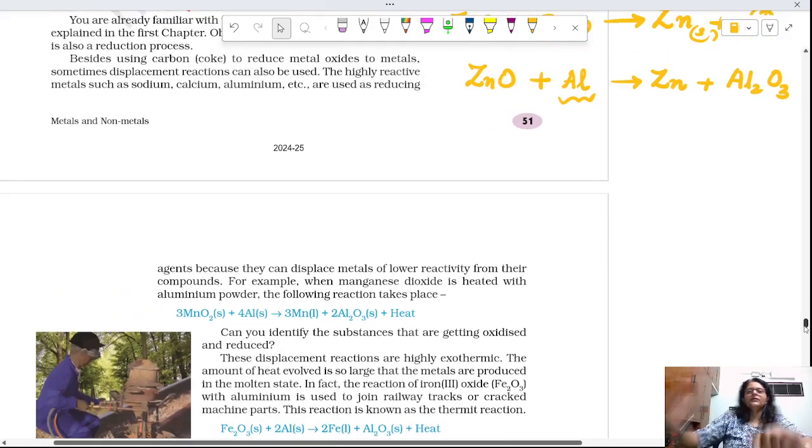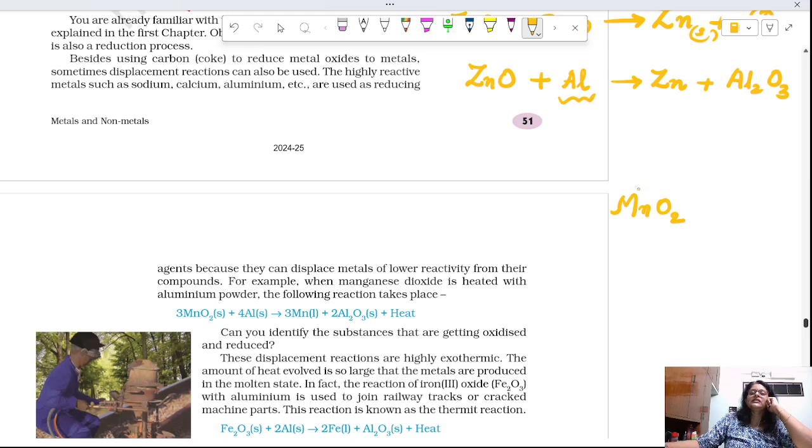For example, if you have manganese dioxide and you want to get manganese from it, aluminium is used as the reducing agent. We will get manganese plus aluminium oxide, and a lot of heat is liberated.